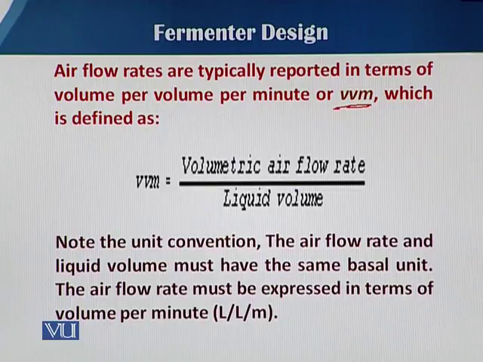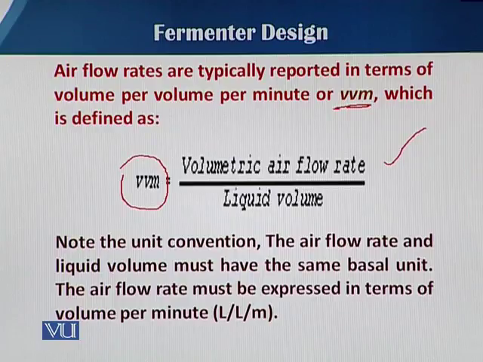So if we want to calculate the flow rate in terms of VVM, the volumetric air flow rate is how many liters of the air is supplied per unit time to the fermenter. And then there is the liquid volume, how much is the liquid volume in liters.